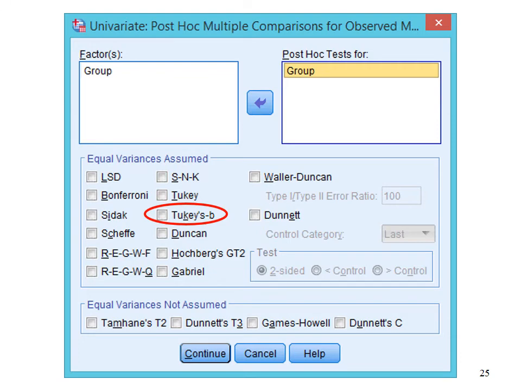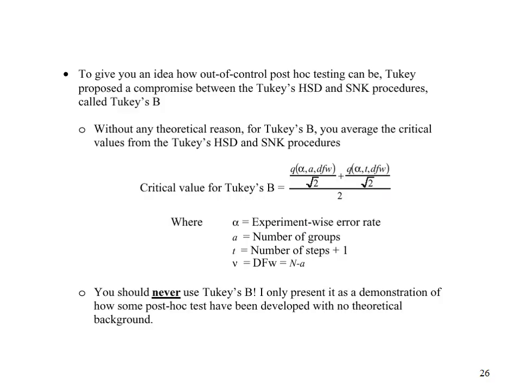Then if there's Tukey, what's Tukey's B? Tukey's B is, according to Karpinski, the definition of an out-of-control post hoc. What will happen is that you'll have Tukey, which people like, with an omnibus significant difference. Then you'll have Student-Newman-Keuls, which is extremely liberal.